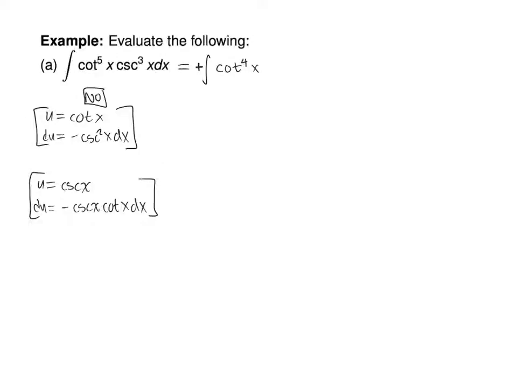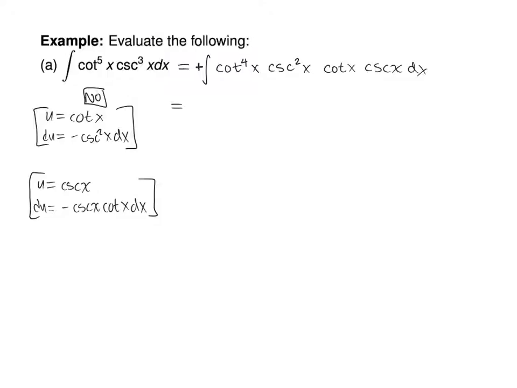Cotangent to the fourth x, cosecant squared x, cotangent x, cosecant x dx. Then what happened to the negative? I didn't make my substitution yet. The negative will come up when I put in u.